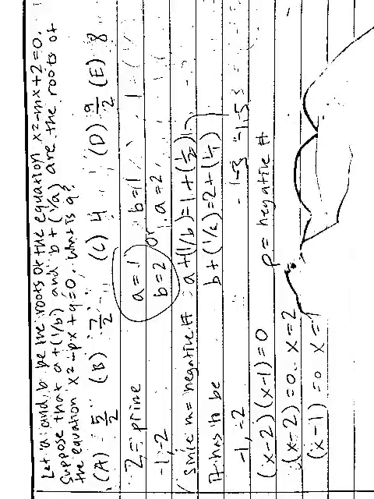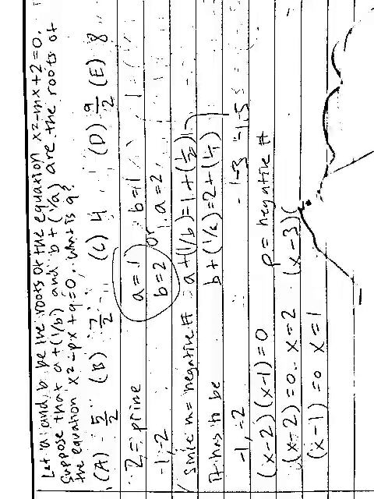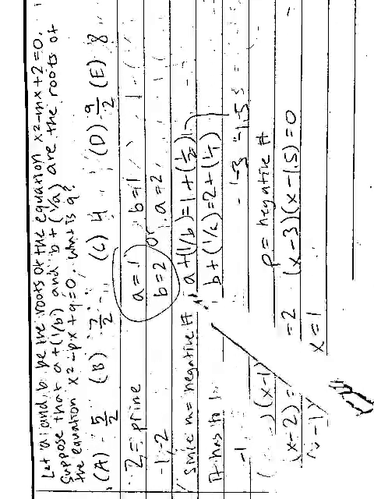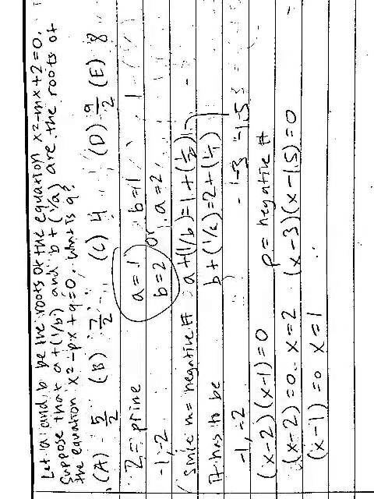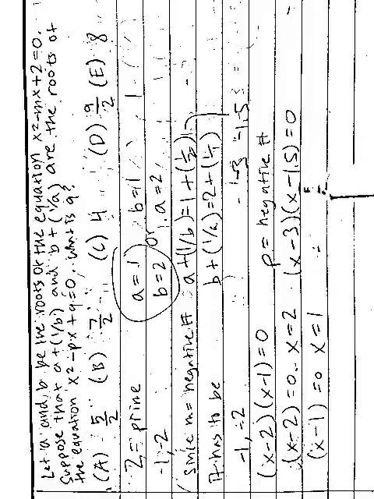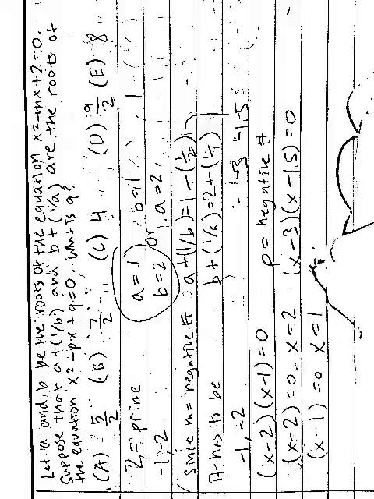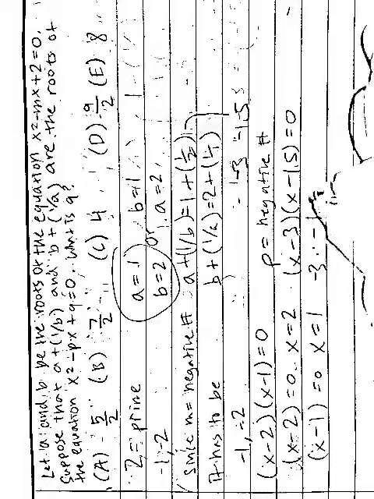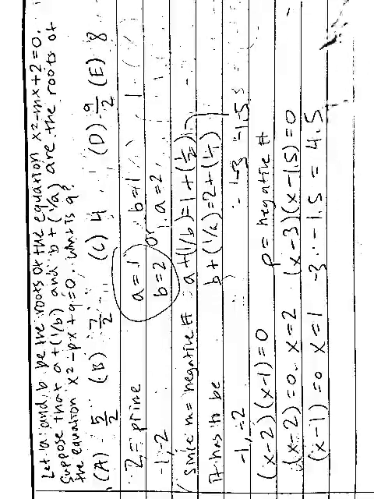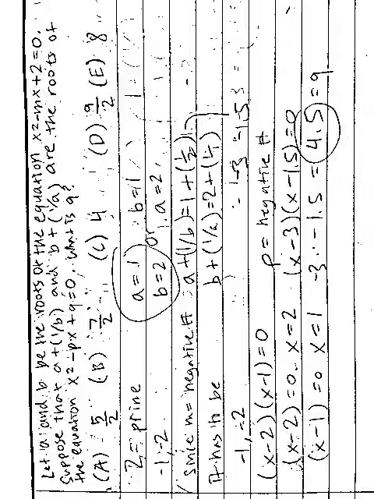So now you can see that if you factor this out, x minus 3, x minus 1.5 equals 0, which is the simplified version of this equation. And you know that the two roots multiplied together equal q. So negative 3 times negative 1.5 is 4.5. And so 4.5 equals q.